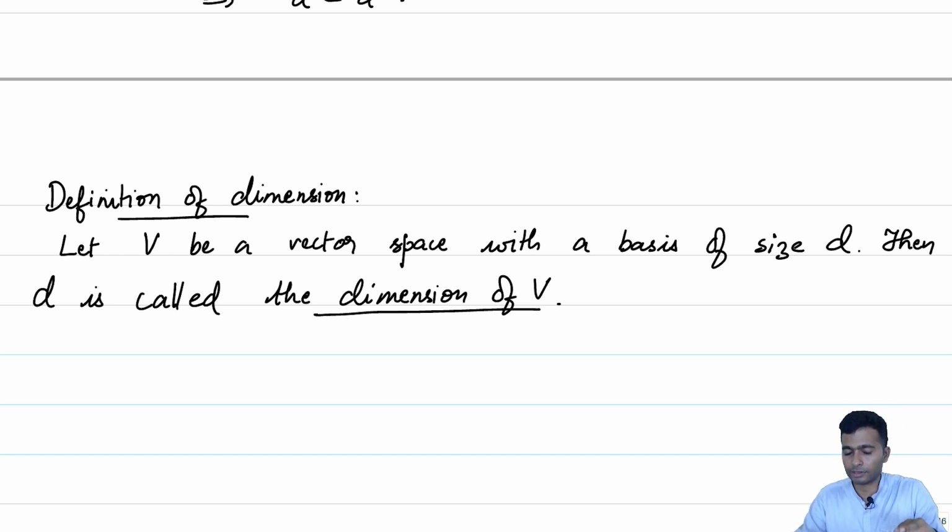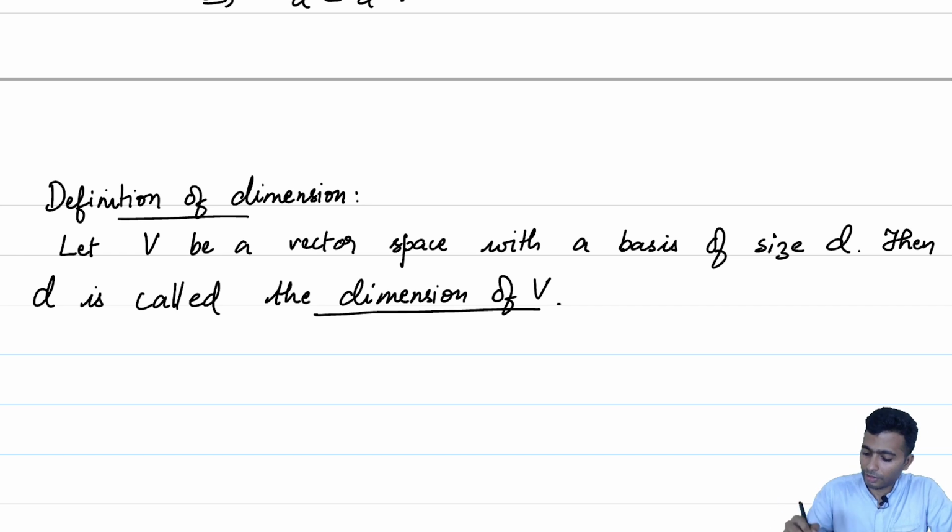Depending on the basis, the size will not change. You take any two bases, if there is one basis of size d, any other basis should also have size d. So, this is a well defined quantity, and this dimension captures a lot of information about the vector space which we will see later.